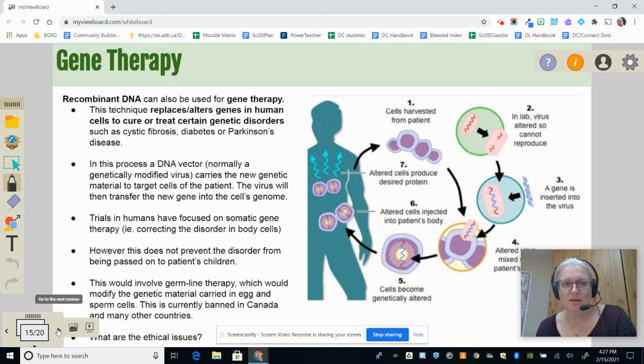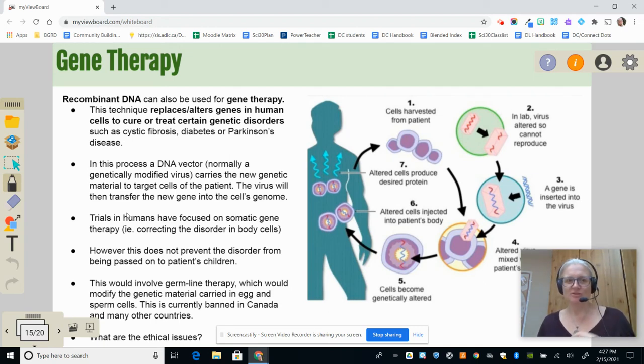Gene therapy. Okay, so this is another use of genetic technologies. This is where you are actually altering genes in human cells to cure or treat a genetic disorder like cystic fibrosis, diabetes, Parkinson's. So basically, you want to get into the human cells, into the DNA, take out the bad part, and put in a better part, is a way of thinking about it.